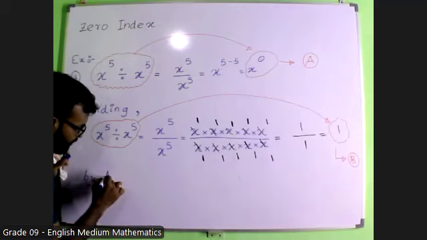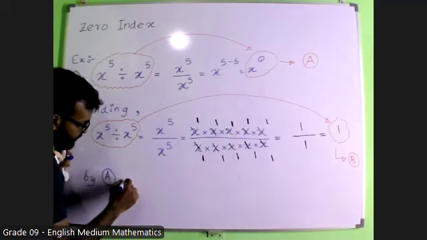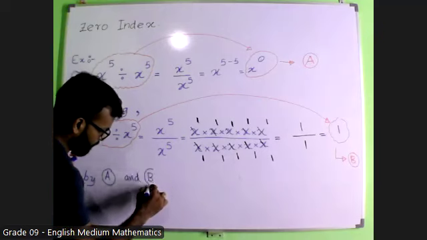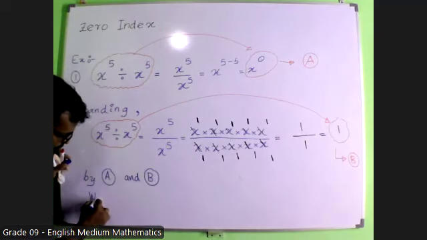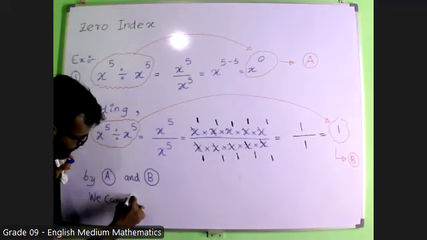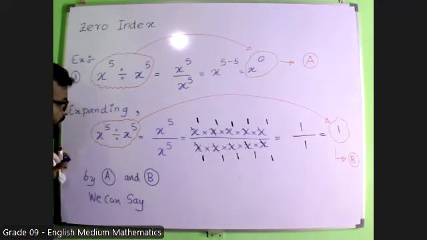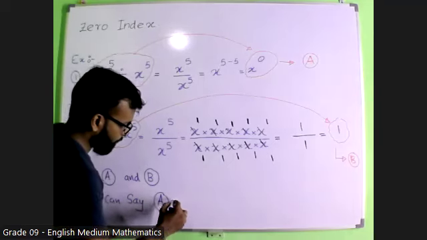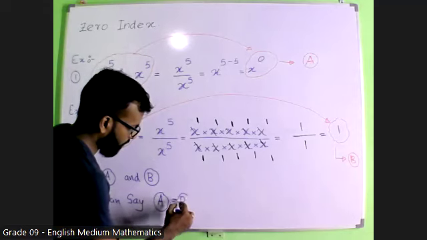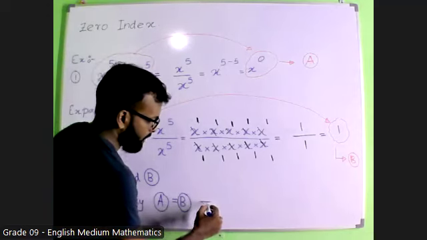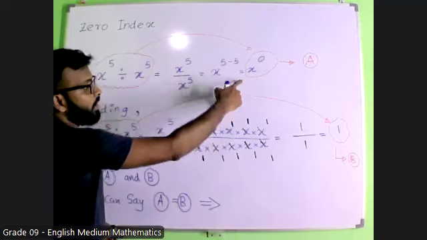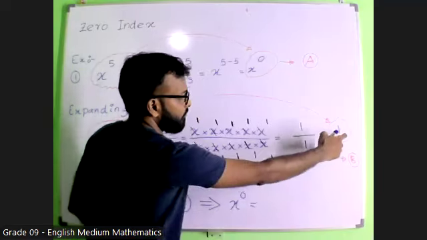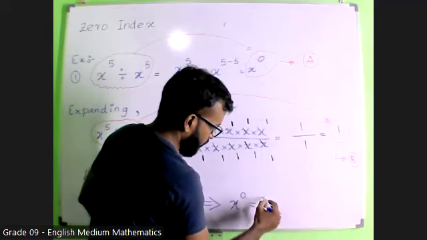By equation A and equation B, we can say A equals B. That means x to the power 0 equals 1.